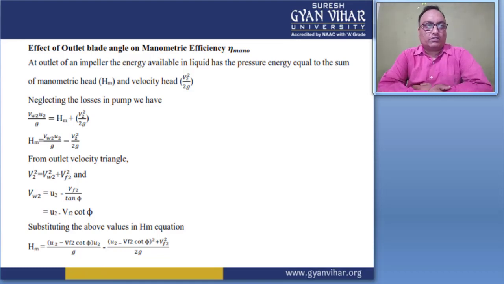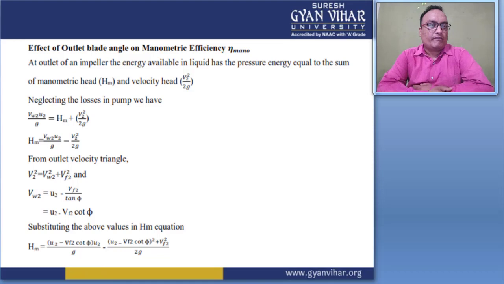This slide showed the effect of outlet blade angle on manometric efficiency, eta manometric. The energy available in the liquid at the outlet of an impeller has a pressure energy equal to the sum of the manometric head Hm and the velocity head V2 square by 2g, neglecting the losses in the pump.